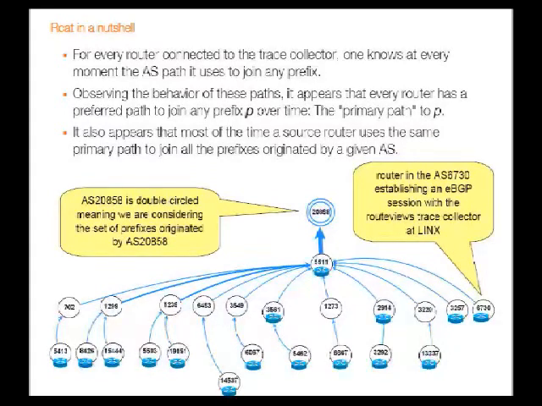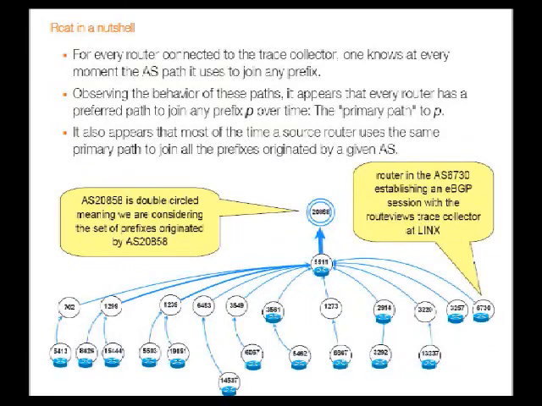This is the double-circled AS at the top, AS 20858. What you can notice too is that the set of all the primary paths is just like a tree. This is what we're going to call the origin AS tree related to AS 20858.